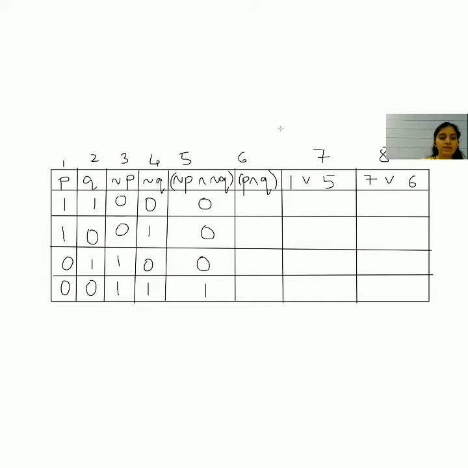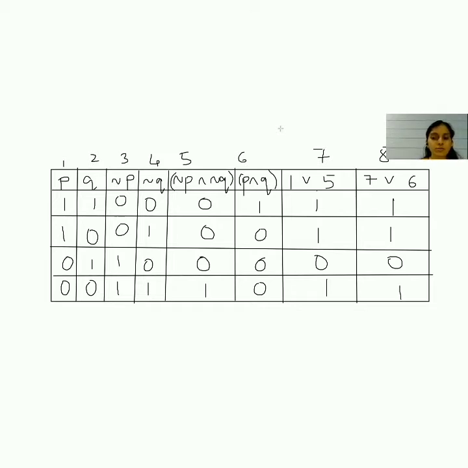Then P and Q, first and second, 1 0 0 and 0. Then 1 or 5, so first or the fifth one: 1 or 0 is 1, 1 or 0 is 1, 0 or 0 is 0, 0 or 1 is 1. Then the last column, 7 or 6: 1 or 1 is 1, 1 or 0 is 1, 0 or 0 is 0, and 1 or 0 is 1.